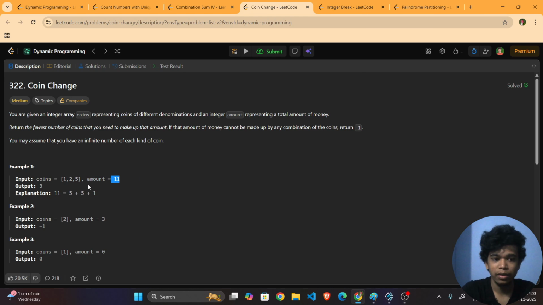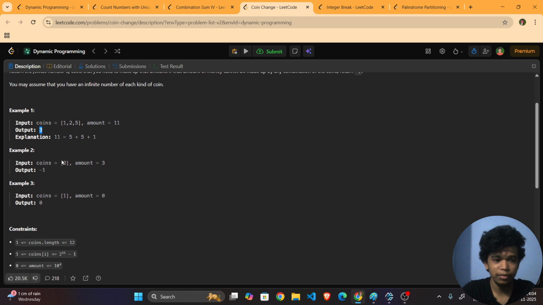See here, we can also take this 1 11 times, or we can take this 2 5 times and this 1 one time, but they are exceeding our minimum count, right? So among all those combinations, the 3 is going to be the smallest. That's the reason why I'm returning 3.